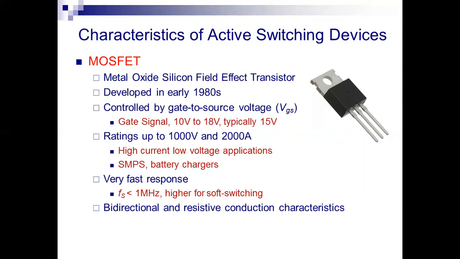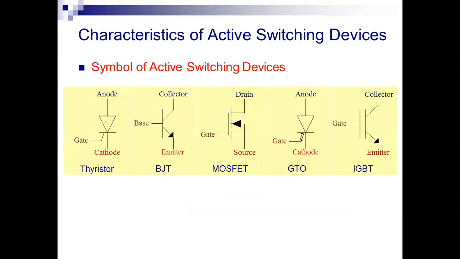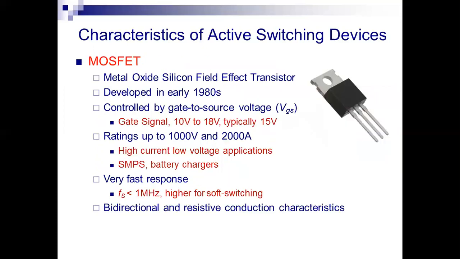If you observe the symbol of the MOSFET, it consists of a gate, drain, and source. It is controlled by gate to source voltage. The gate signal of 10 volts to 18 volts is required, typically 15 volts for the turn-on process, and ratings up to 1000 volts and 2000 amperes.